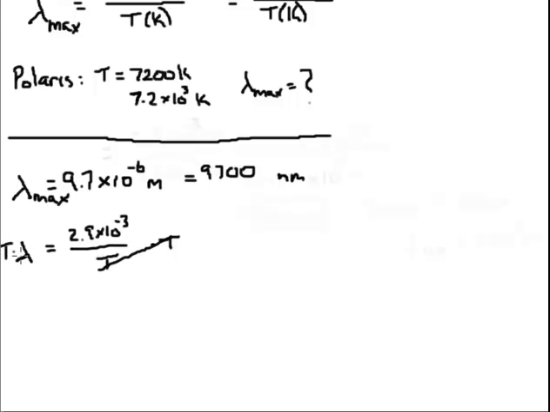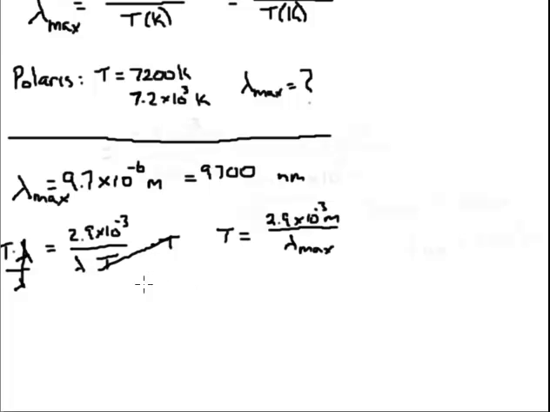But to get temperature by itself, I'm going to divide both sides by wavelength. So ultimately, if I want to solve for temperature, it is just going to be 2.9 times 10 to the minus 3 meters divided by whatever that peak wavelength is, lambda max.